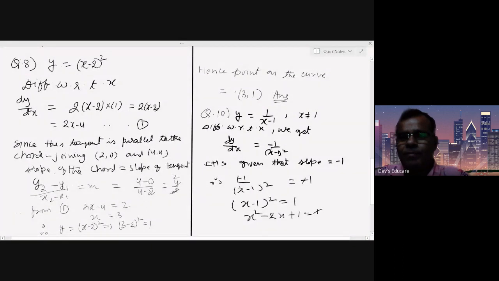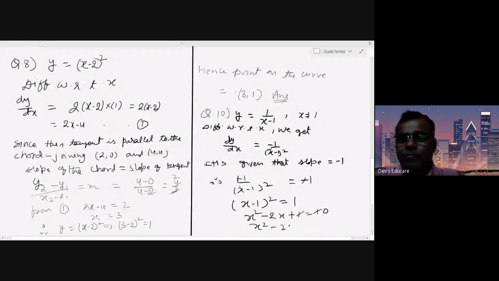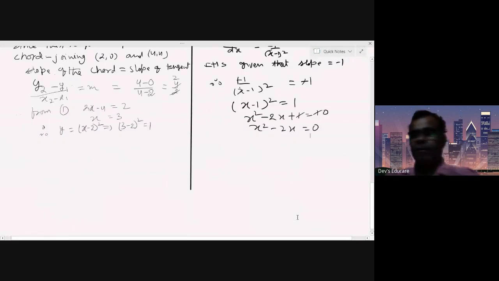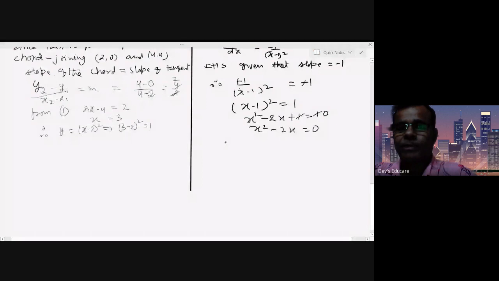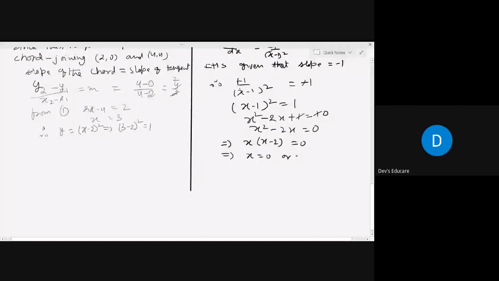So 1 got cancelled, this will be 0 over here. We have x square minus 2x equals 0, and here x common can be taken. So x times x minus 2 equals 0. So x equals 0 or x equals 2.